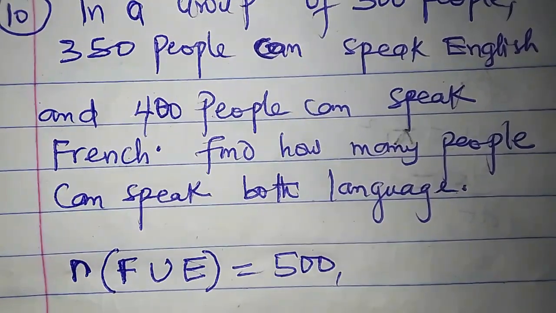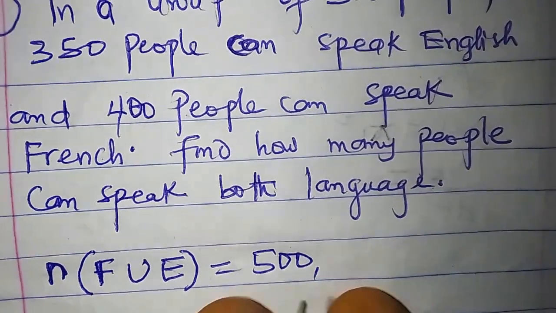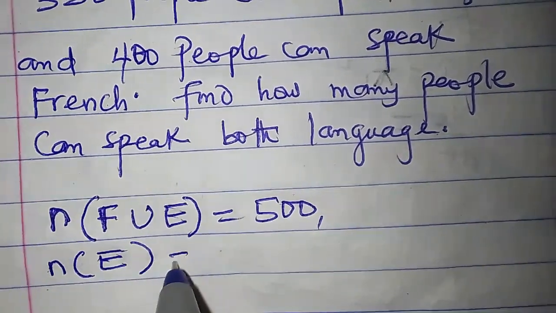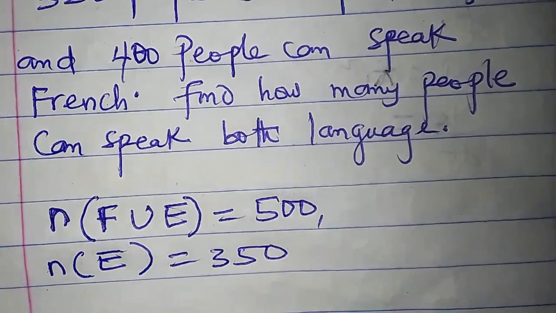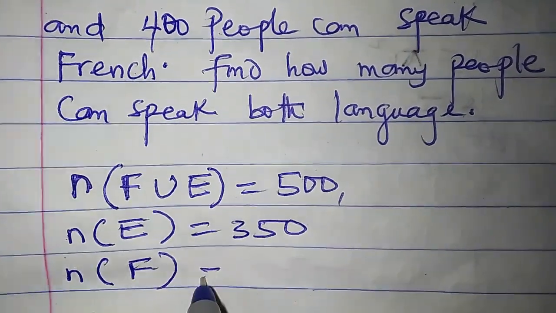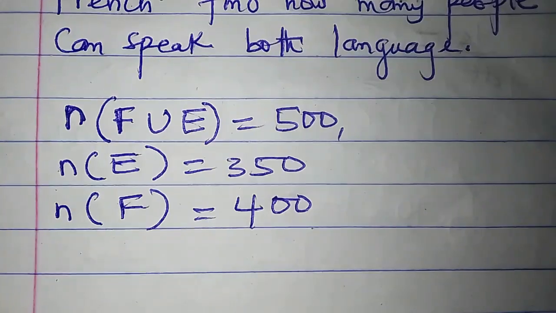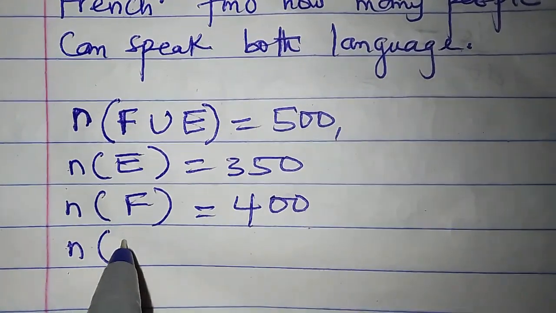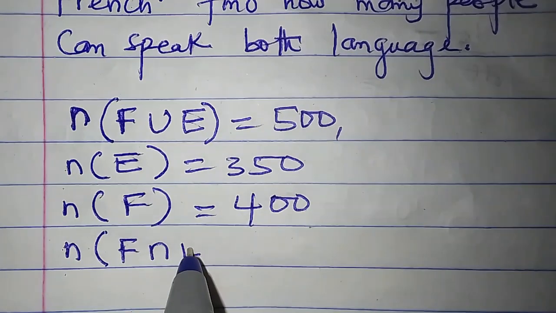500. Okay. Number of persons that speak English is 350. Number of persons that speak French is 400. We are looking for those that speak both, which is the number of persons that speak French and English.